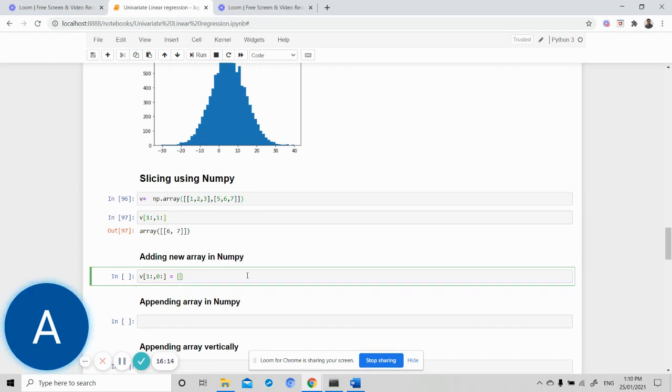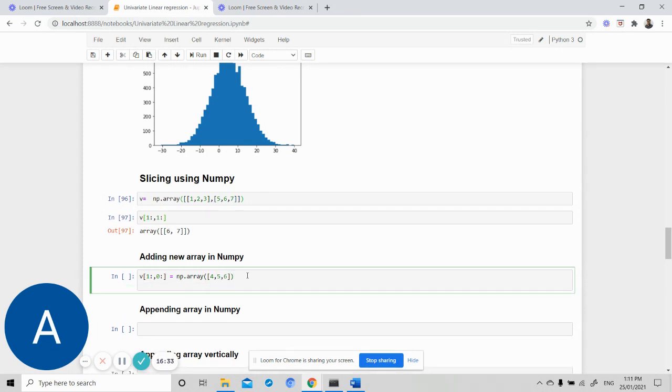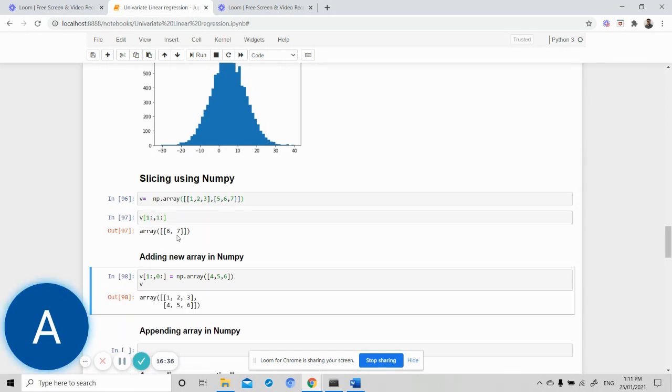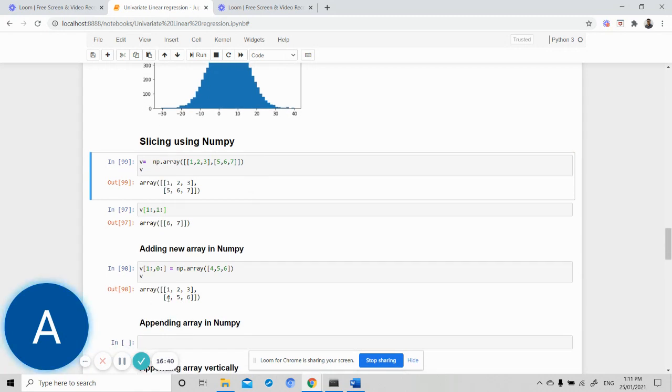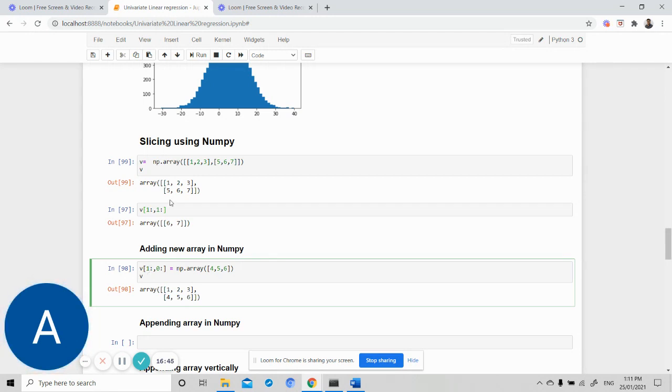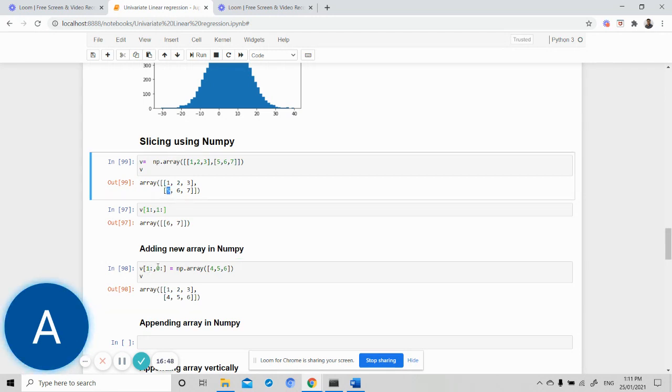If I assign a new array, we have changed our array starting from this position at 0.